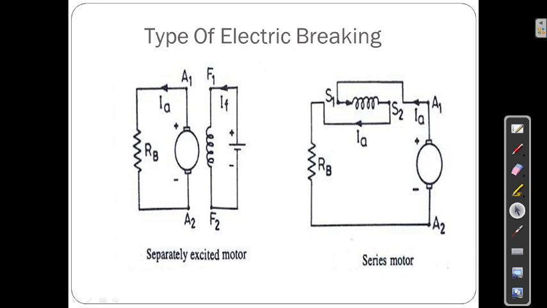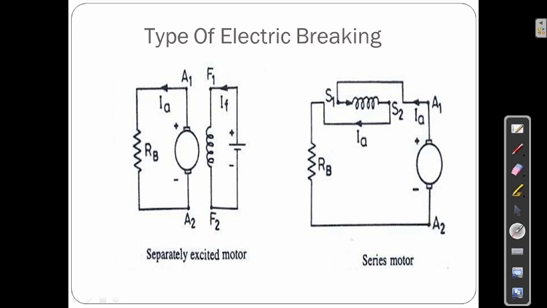You will see over here the resistance connected across the motor, and there is an external connection where a field coil is connected with the source. Here it is the series one. This resistance is connected in series with the coil, with the coil terminals named S1 and S2. Here is the motor, with terminals A1 and A2.